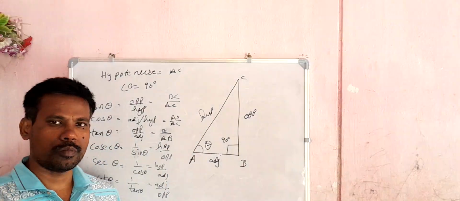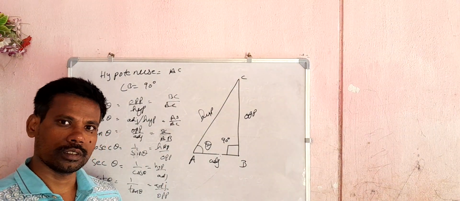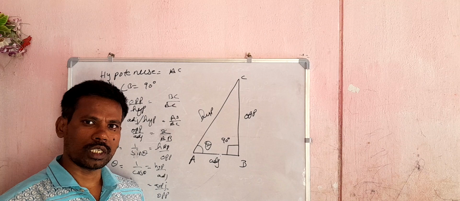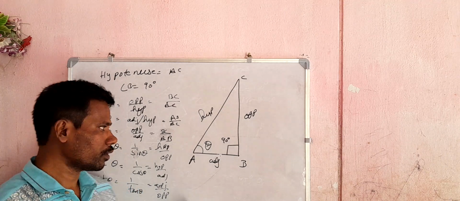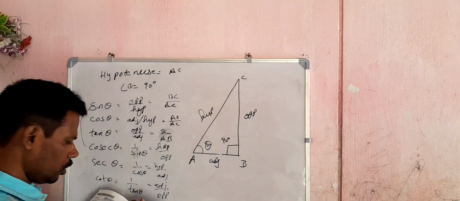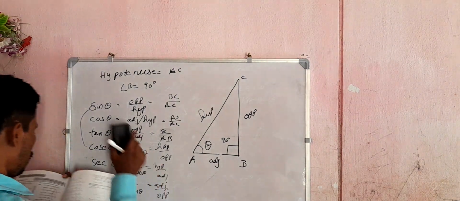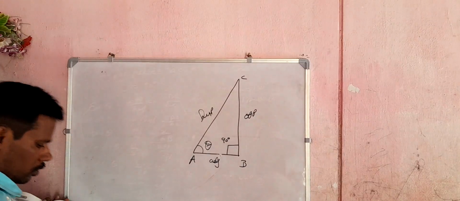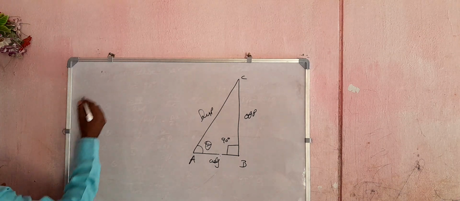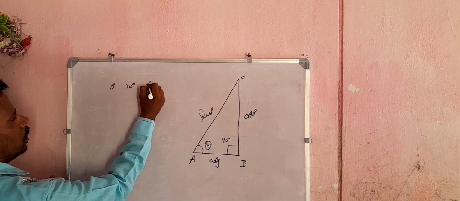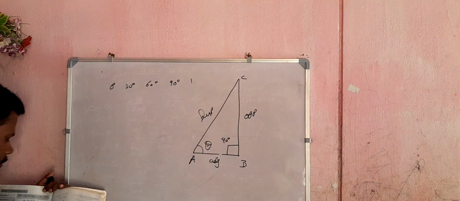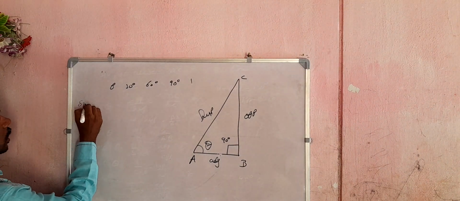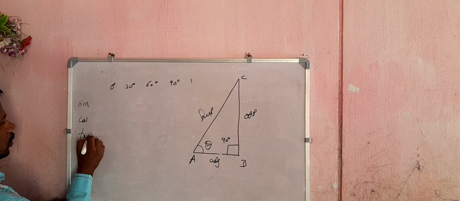You need to master some formulas based on this. What is sine 0, 30, 45, 60, 90? You need to master the table that I am going to show now. This is nothing but sine, cos, tan.